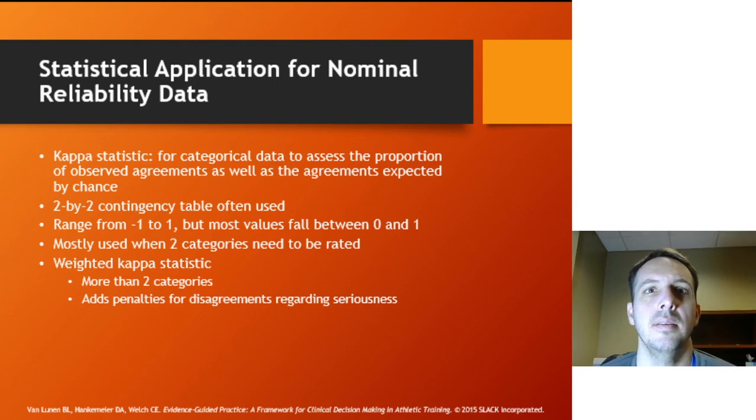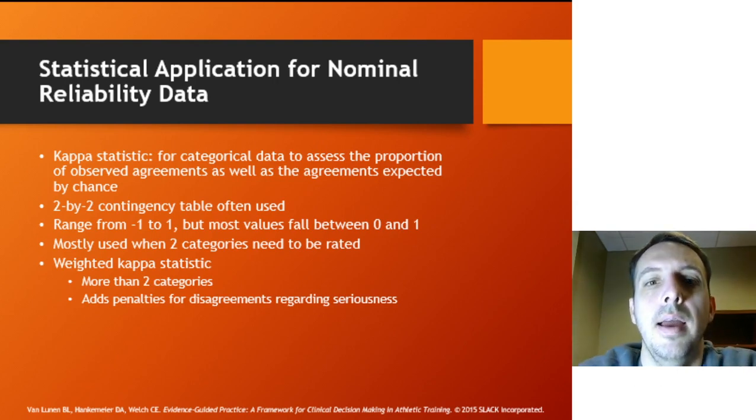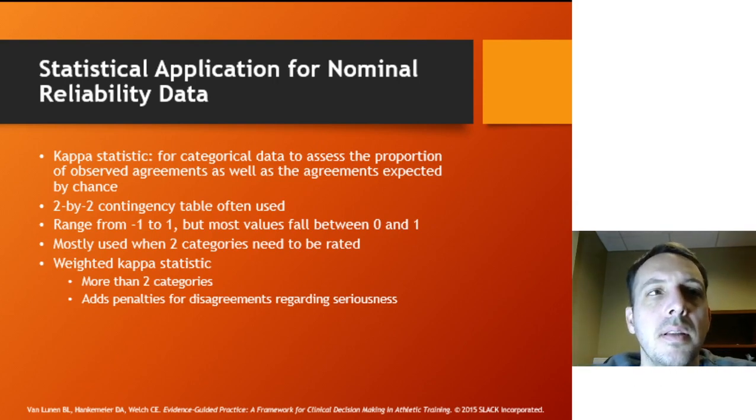We can then continue on if we need to and get more statistically based regarding how we can go about classifying these, and that is then the kappa statistic. This is now the ability to statistically analyze that agreement beyond simple frameworks. Kappa statistics fall between -1 and 1, but most of them are between 0 and 1.